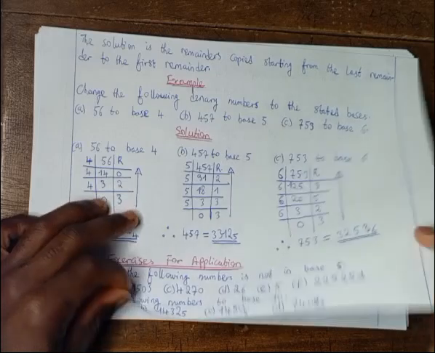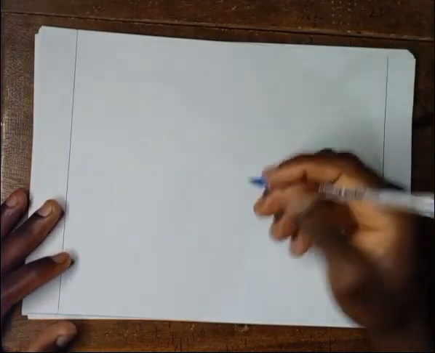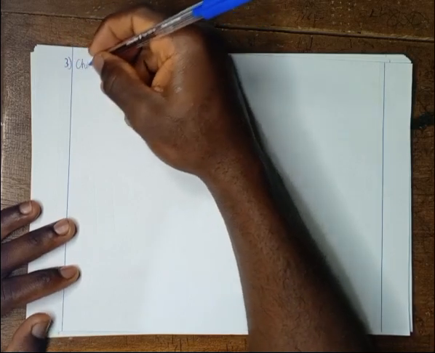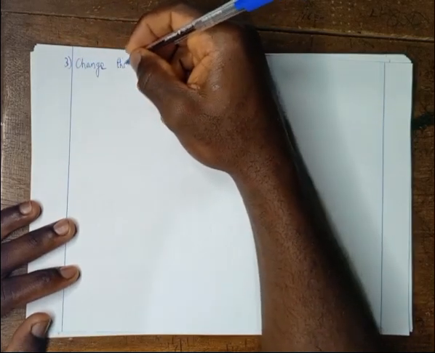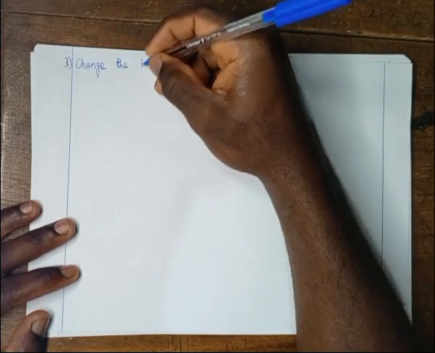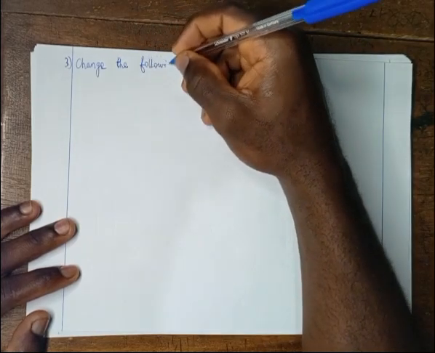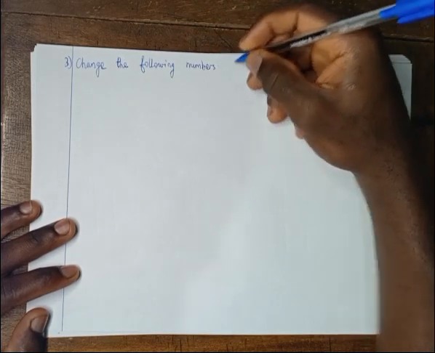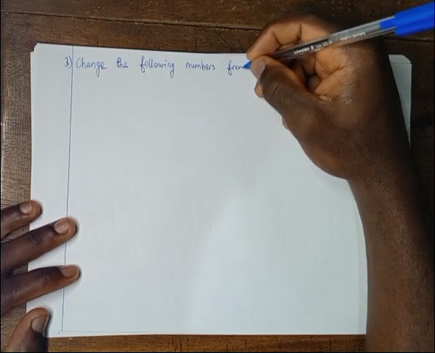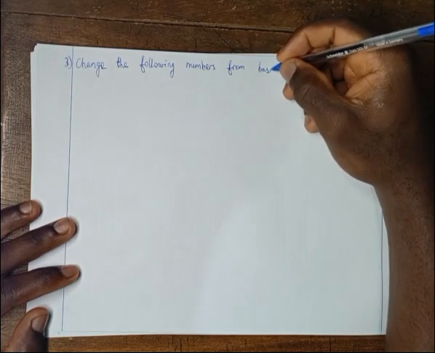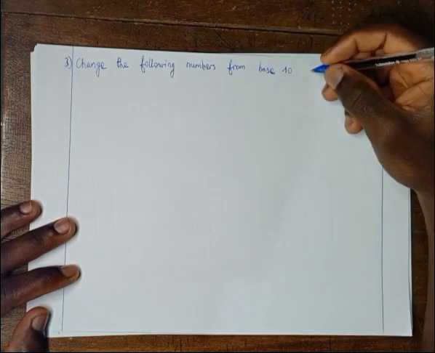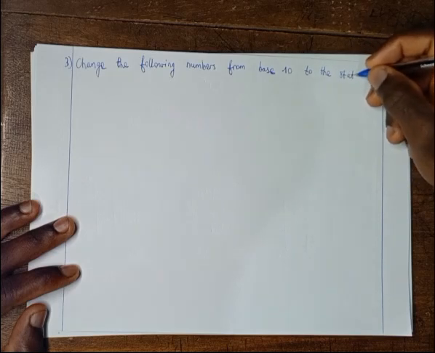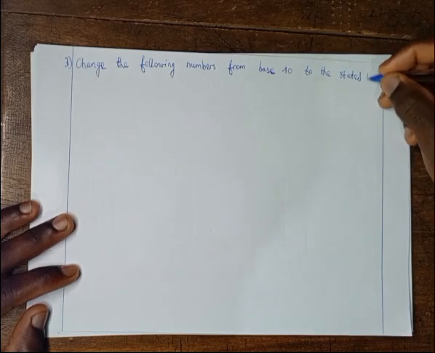We take now the last question. Question 3 says change the following numbers from base 10 to the stated base.